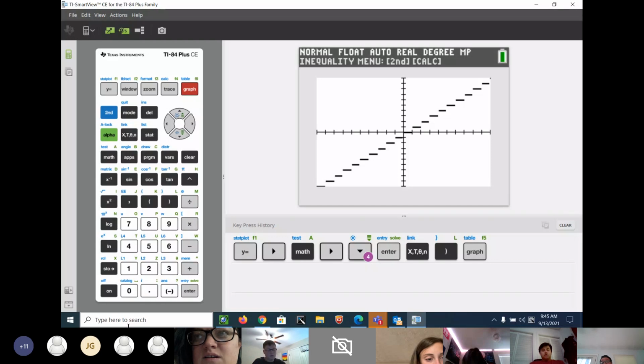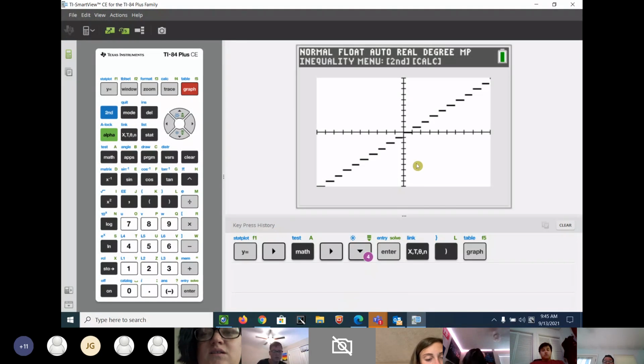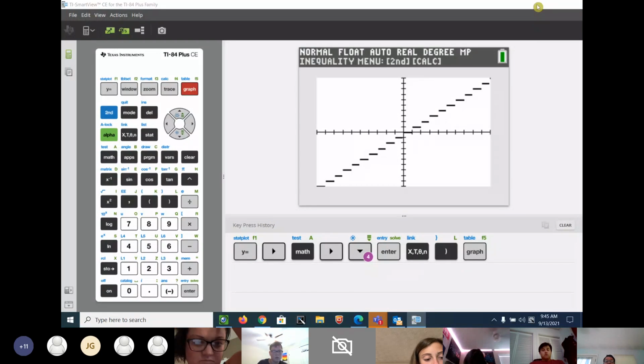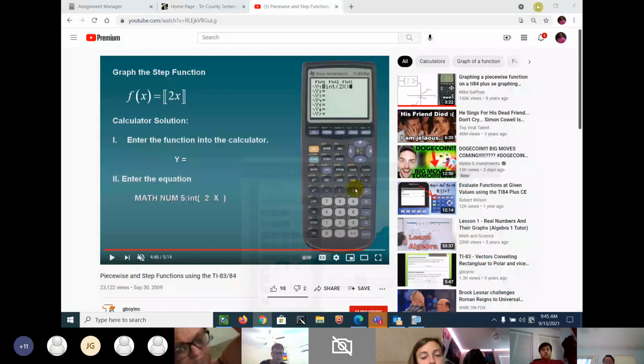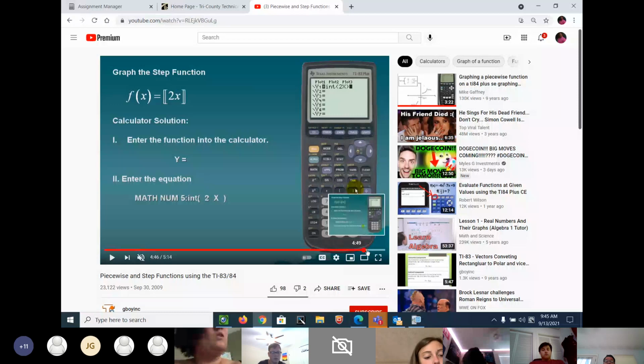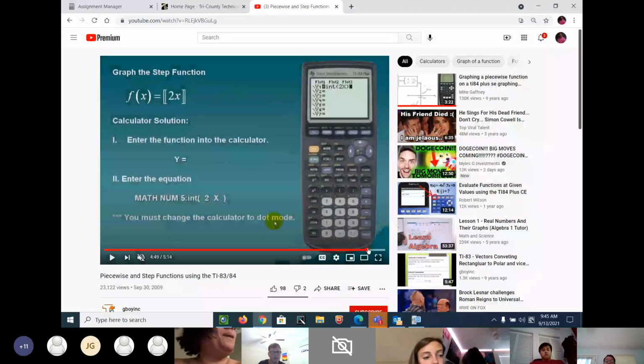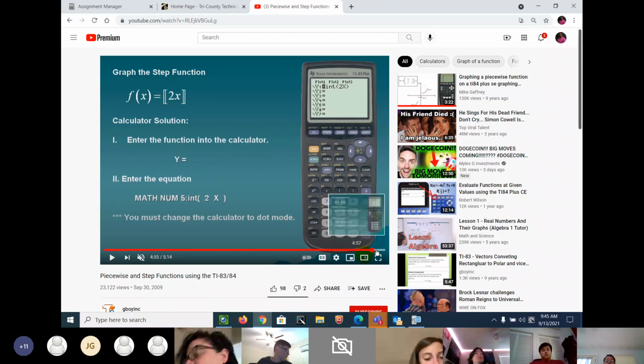Now that's pretty much it. Now you just need to see what the, let's see if I think you type in brackets. I don't know if they put the steps on this one or not. Give me a second.